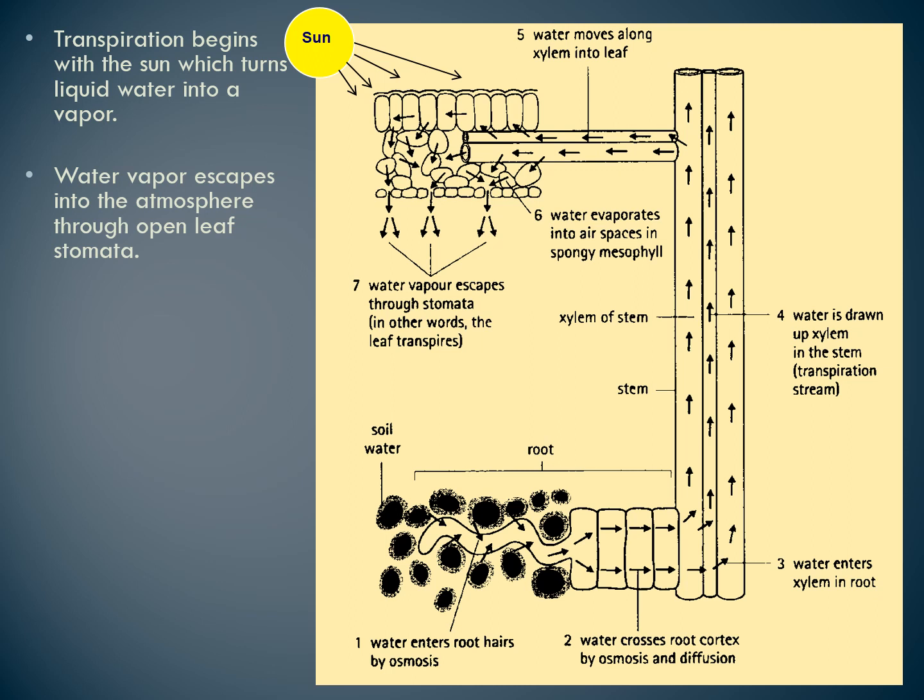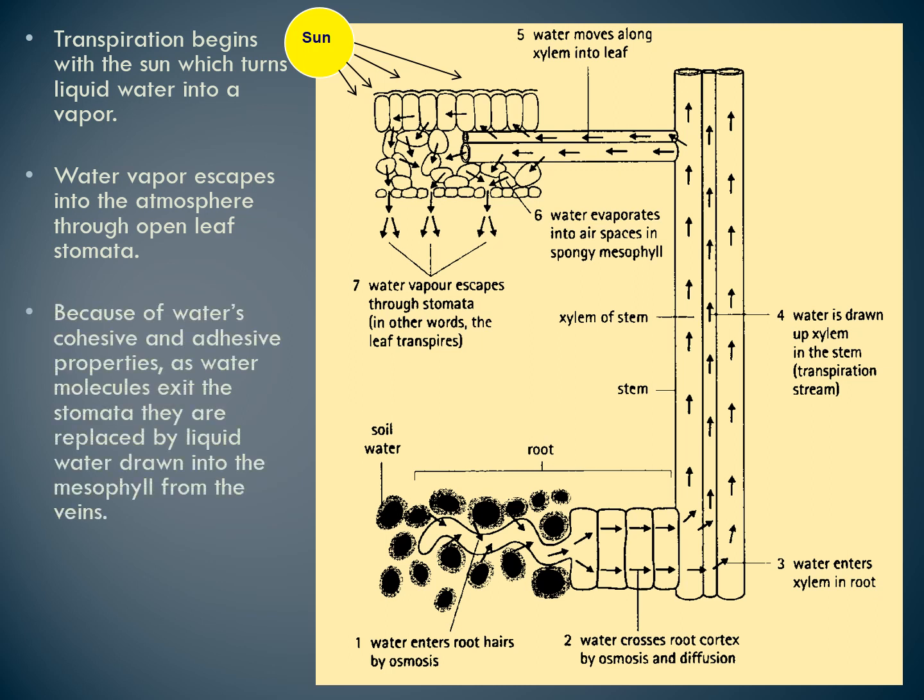You can see this in the diagram in the upper left-hand corner. Because of water's cohesive and adhesive properties, as water molecules exit the stomata, they are replaced by liquid water drawn into the mesophyll from the veins.